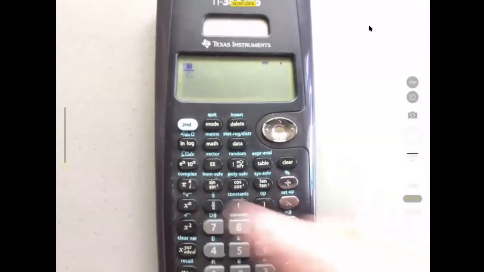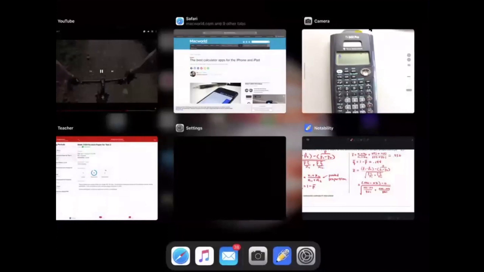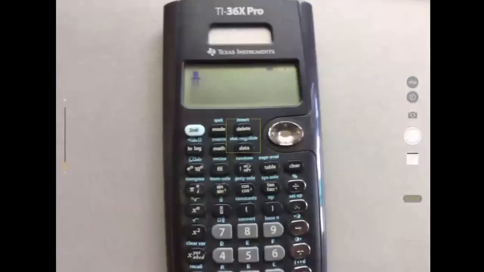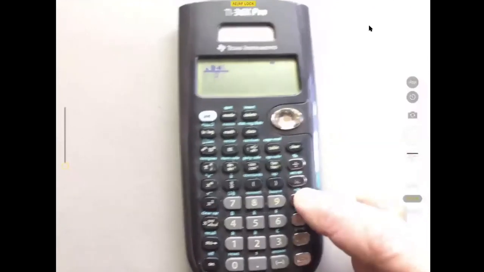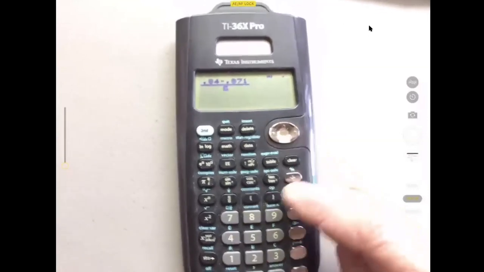Okay, so fraction, and I'm going to be kind of going back and forth here. So it's 0.840871. Got it. On top. Okay, 0.84 minus 0.871 over square root.